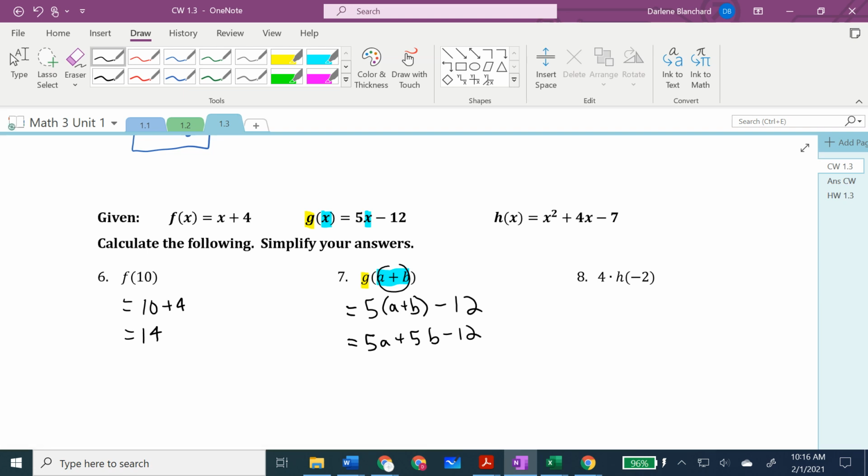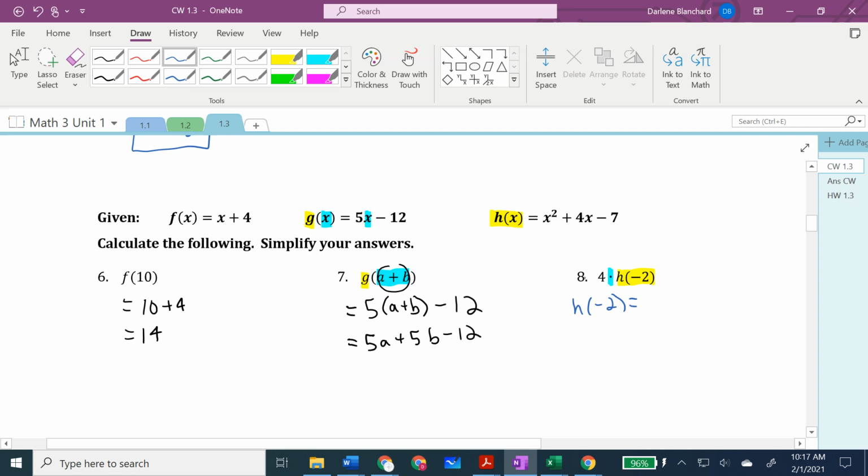For number 8, you want to see that you have this multiplication. That multiplication takes place after you have found out what h of negative 2 actually is. So we're going to find what is h of negative 2. And I'm going to just write it separately.